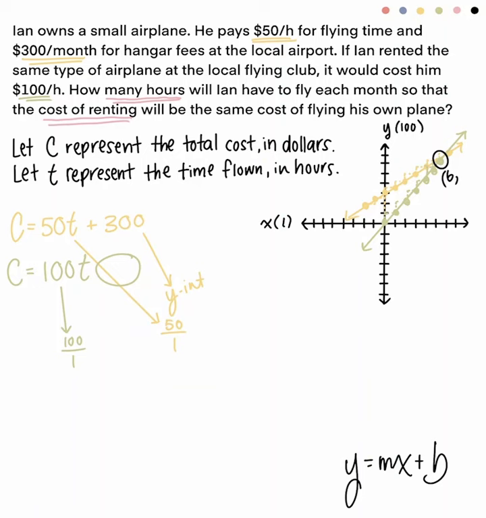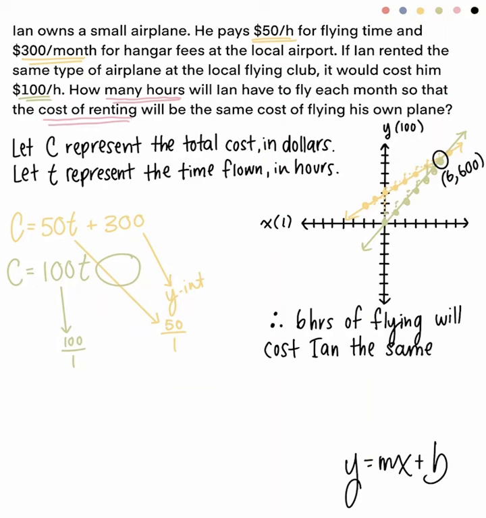And let's see the hours here: 1, 2, 3, 4, 5, 6. 6 comma 600. So what this graph is telling me is 6 hours of flying will cost Ian the same, which is going to cost him $600.